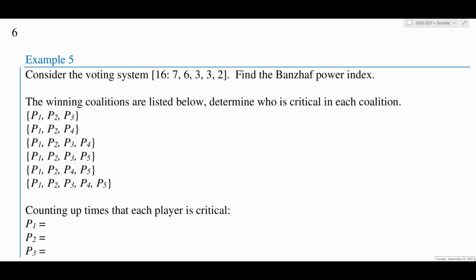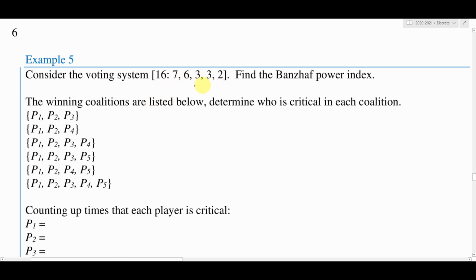The first step to calculating the Banzhaf Power Index is identifying all of the winning coalitions that exist. This one had more players than the last example. Remember the strategy: list every coalition, whether it's a winner or not, then go through each one and eliminate the non-winning coalitions.